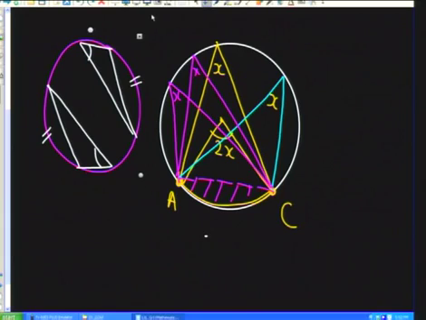So I can have separate arc lengths that are the same. They will subtend the same sized angles. So I can talk about equal chords or equal arcs subtend equal angles.